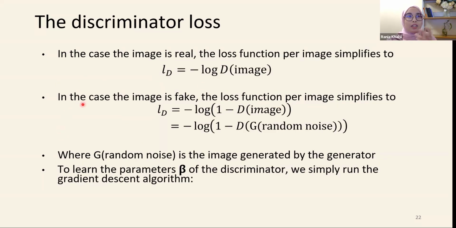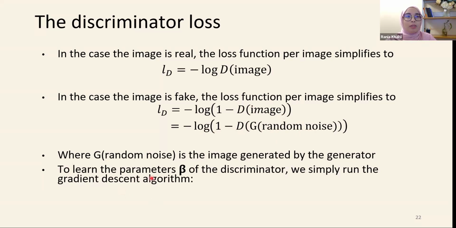Otherwise, in the case where the image is fake, the loss function per image simplifies to minus log of 1 minus D of G of the random noise. The generated random noise here is the image generated by the generator.